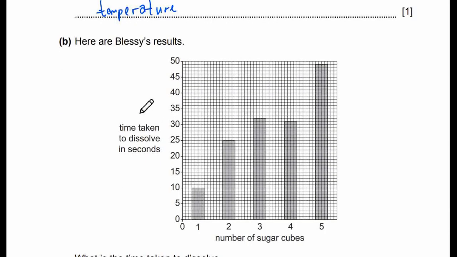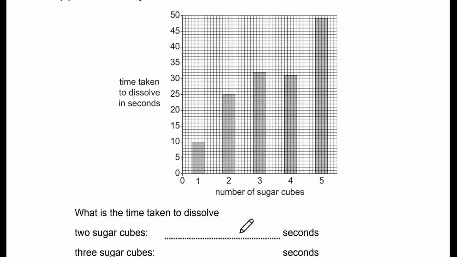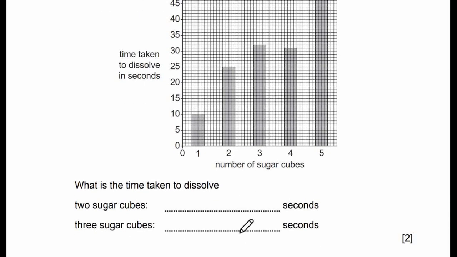Here are Leslie's results: time taken to dissolve in seconds and number of sugar cubes. So what is the time taken to dissolve 2 sugar cubes? You can see this is 2, and then the 2 goes here to 25, so it's 25 seconds. 3 sugar cubes, this line leads us to here.